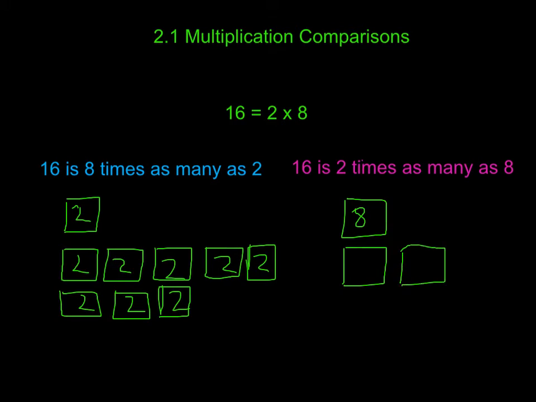Notice we have our one box here of 8. 2 times as 8 is going to be 2 boxes of 8. And our 2 boxes of 8 here, from there to there, is going to equal our 16. So these are just ways in which we can compare multiplication problems.